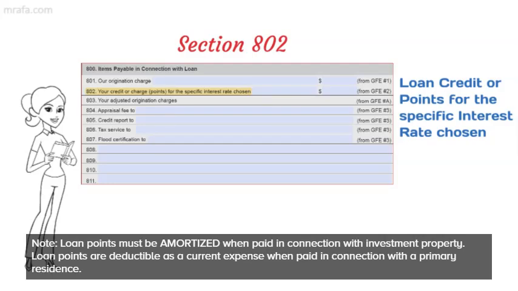Of course, let's say you want to put more money towards the loan, you can double the points, like 2 points. So one point is 1%, so 2 points means 2%. The more points you are willing to pay upfront, the better your mortgage payments will look.